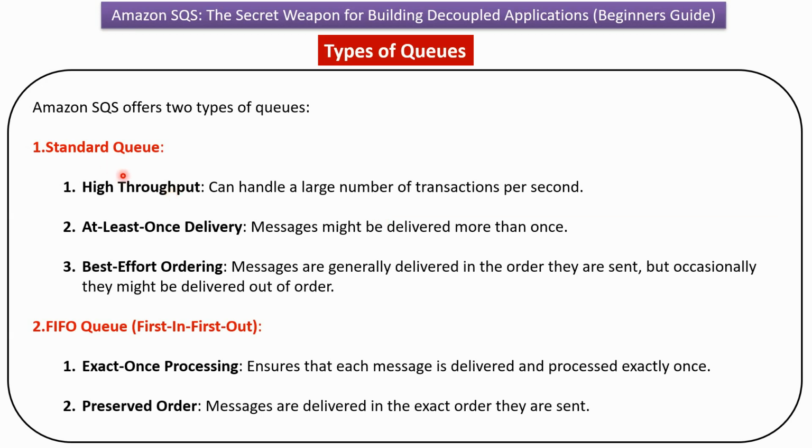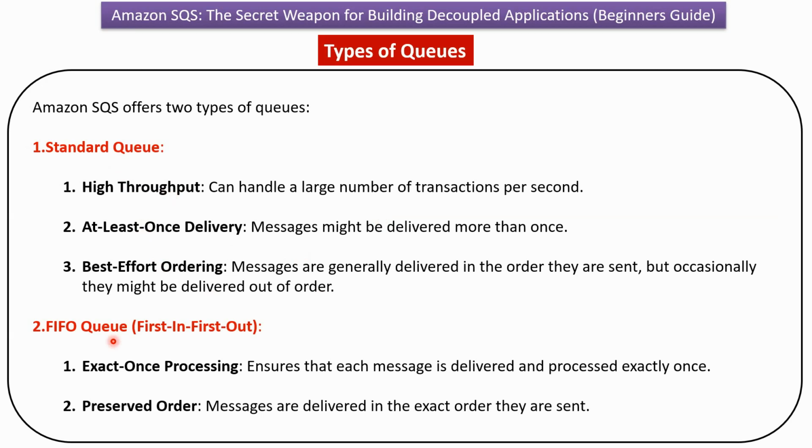A standard queue supports at least once delivery, which means messages might be delivered more than once. And a standard queue supports best effort ordering, which means messages are generally delivered in the order they are sent, but occasionally the messages might be delivered out of order.